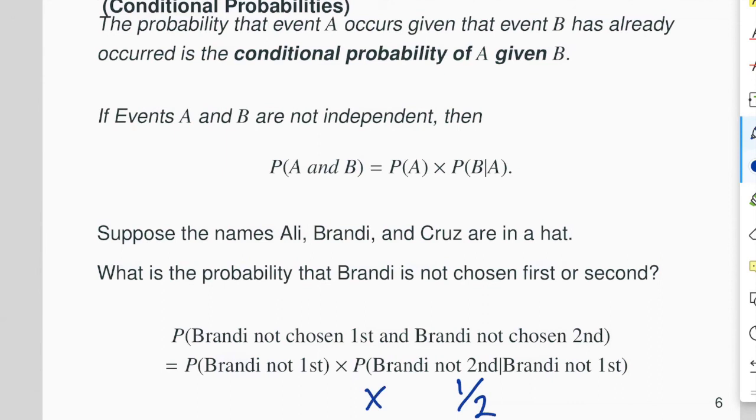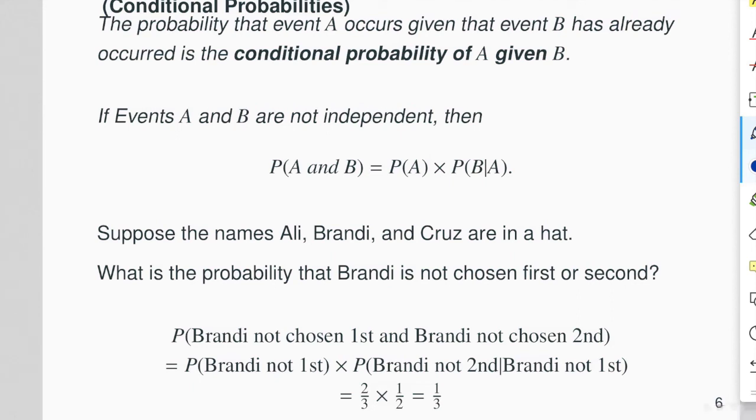And the probability that she is not first, well, if we have 3 names in a hat, there's a 1 in 3 chance that she's chosen first, which means there's a 2 in 3 chance that she's not first. So the probability that she is chosen neither first nor second is going to be this product, which is 1/3.